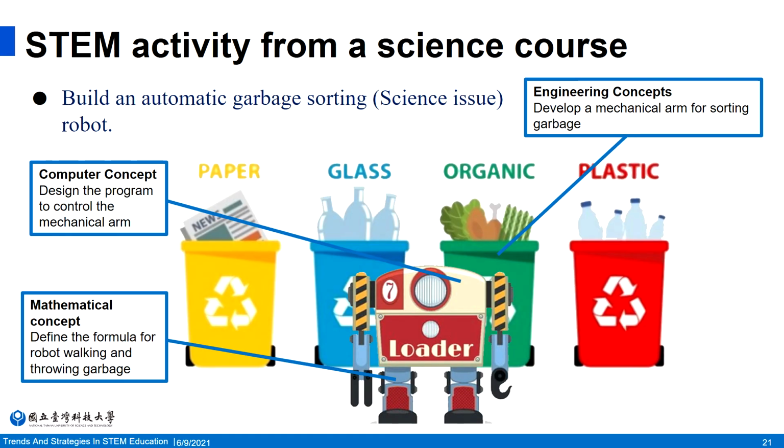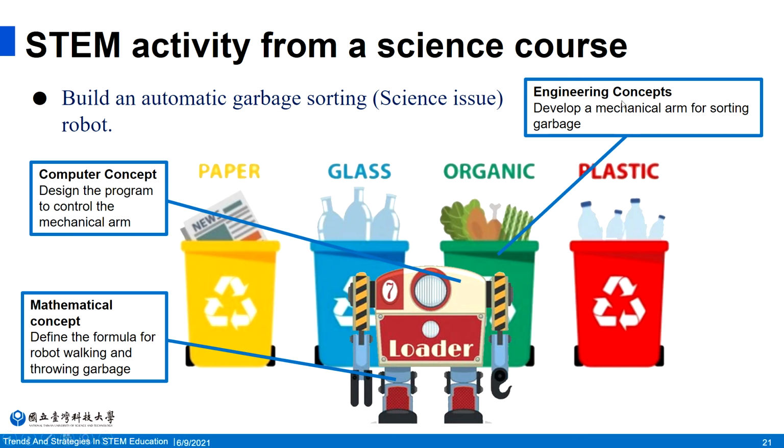This is another activity designed from a science course. The aim of this activity is to build an automatic garbage sorter. This is a science issue. So we already have the science concept, and then we need to add the knowledge of other courses.